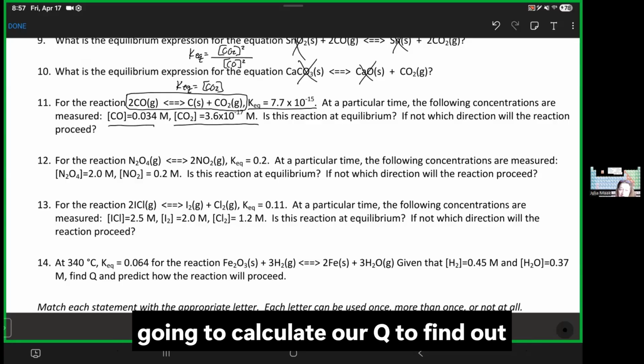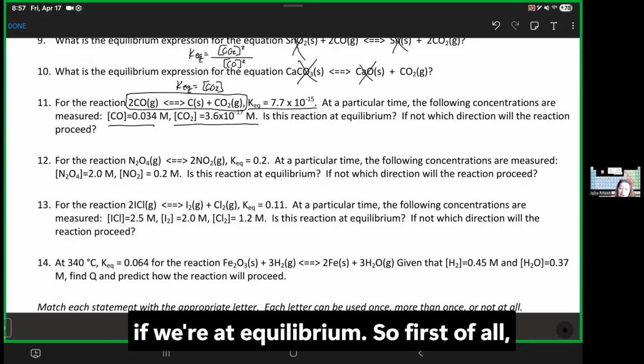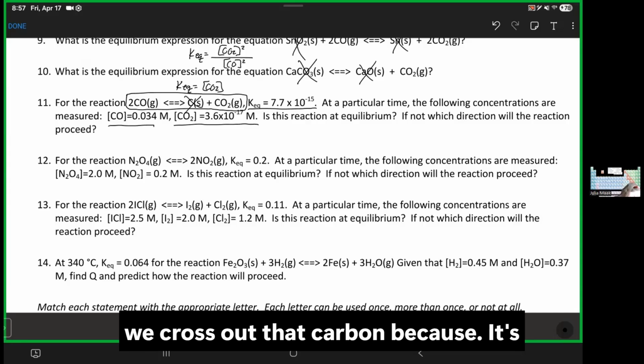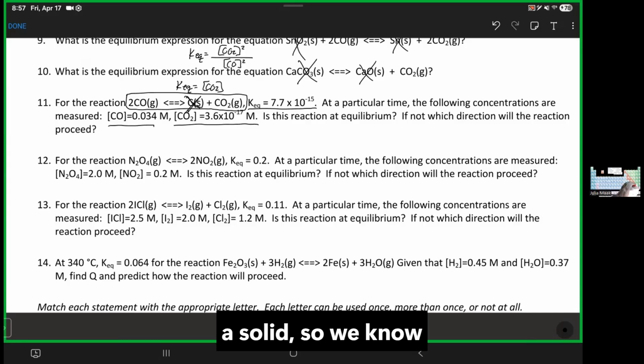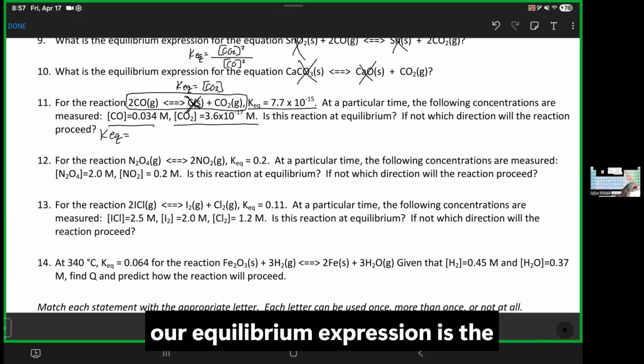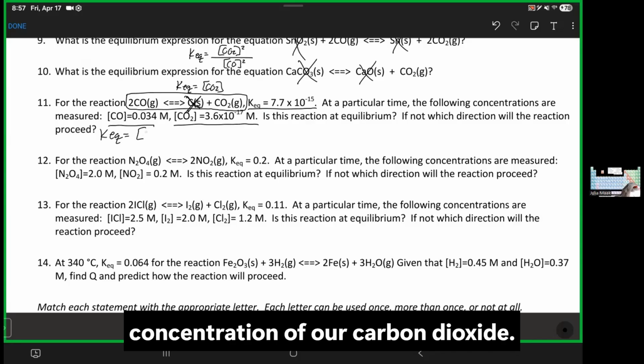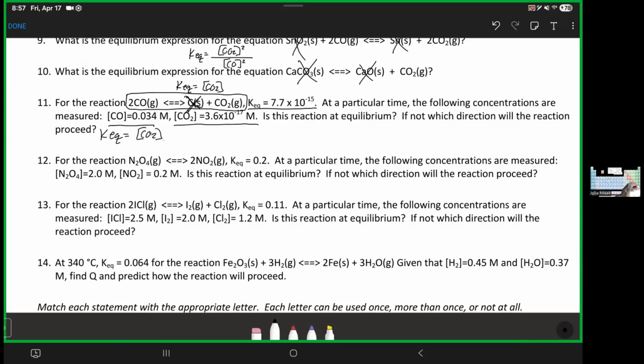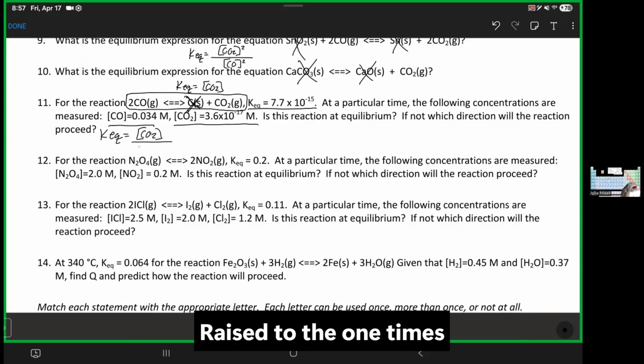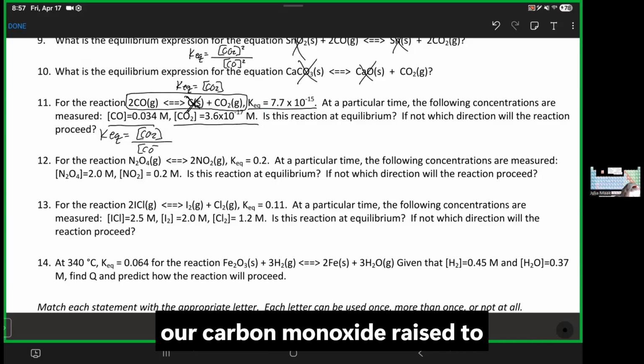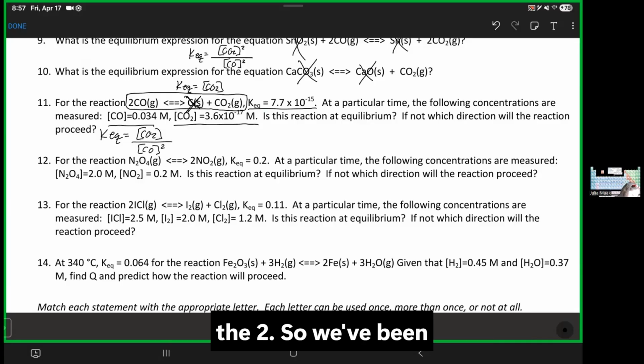Okay, which means we're going to calculate our Q to find out if we're at equilibrium. So first of all, we cross out that carbon because it's a solid. So we know our equilibrium expression is the concentration of our carbon dioxide raised to the 1 times our carbon monoxide raised to the 2.